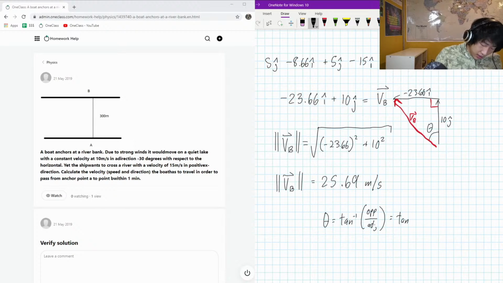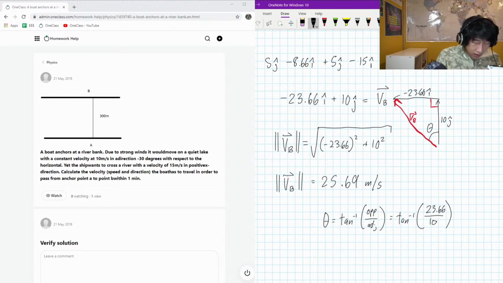In this case, our opposite is 23.6. We only need to really worry about the magnitude in this case, and how we're going to contextualize and give a sign to this angle. We want to go out visually. So just the magnitude is going to be 23.66 divided by 10. Nice and straightforward.